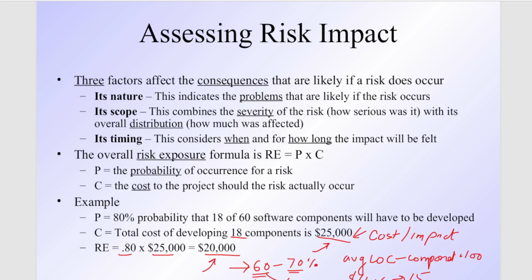Suppose the probability was 0.7, right? Each of the 18 components is 100 lines of code, and each line of code costs $15. So you will have some amount X allocated. When you multiply this X with 0.7, you will get the complete risk exposure.